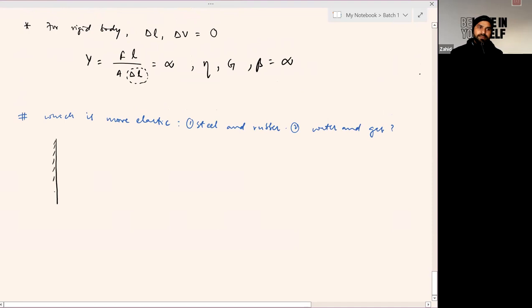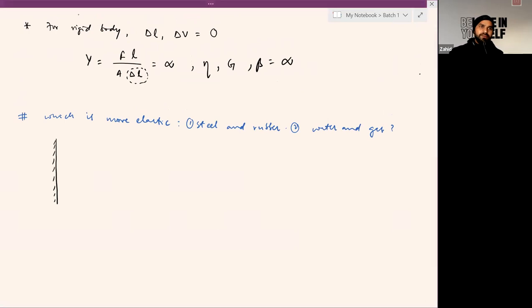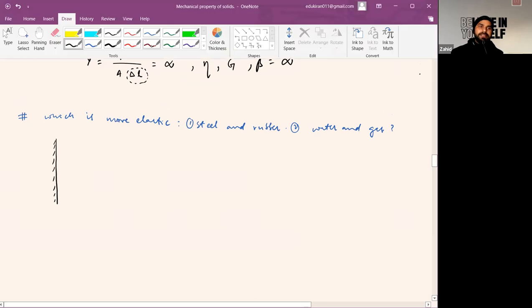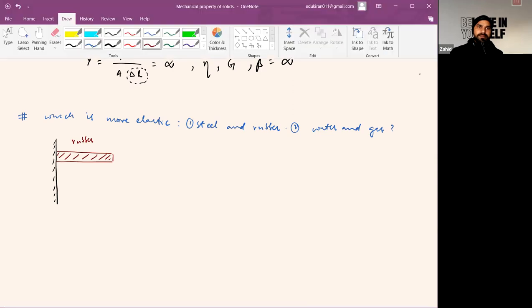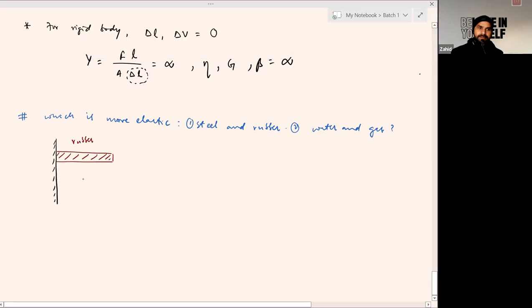Let's say there is a support from which an identical segment of this substance, this is rubber, having length L and area of cross section A, and steel having length L and area of cross section A, is attached.